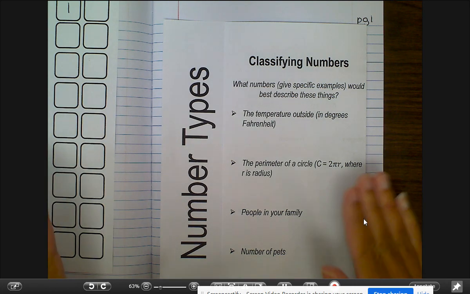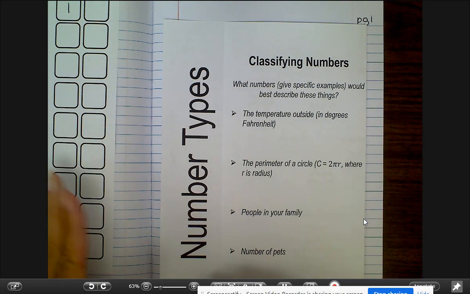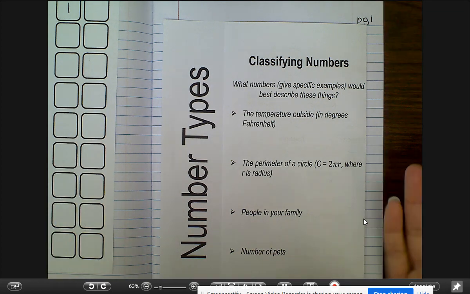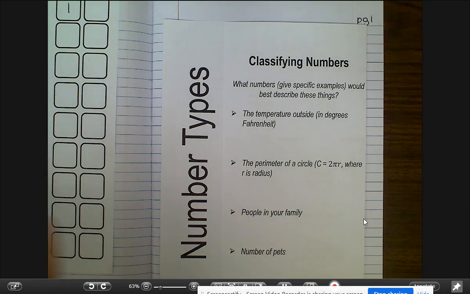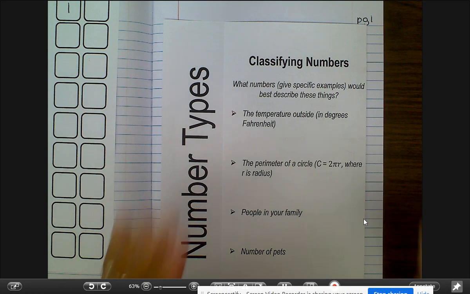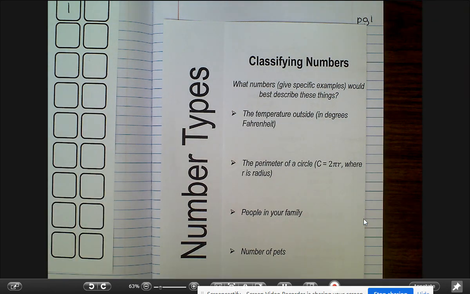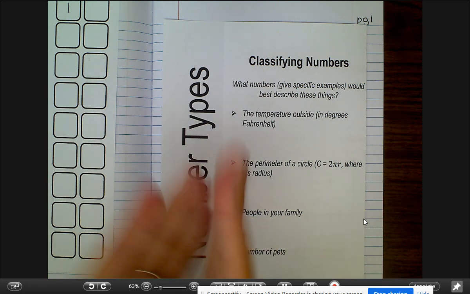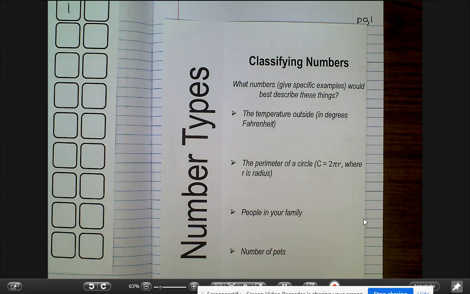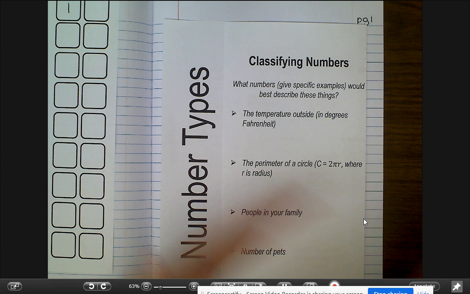Kind of like in English, some words are nouns and some words are verbs and some words are adjectives. And I really can't tell you the difference because I'm not an English teacher. The same thing is true for numbers. Some numbers are a certain type of number, and other numbers are other types of numbers.